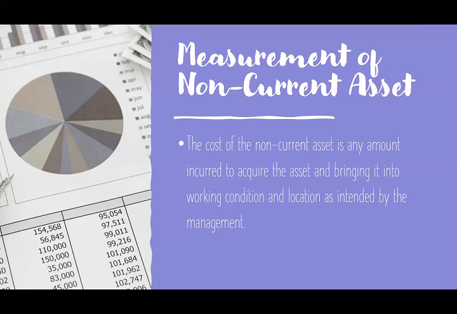So all the cost which you have to incur in order to purchase that machine, bring it to the location of the factory and install it, so that it comes into a working condition, all of these costs are together clubbed as a cost, and it's at that value that you will record it in the financial statements.